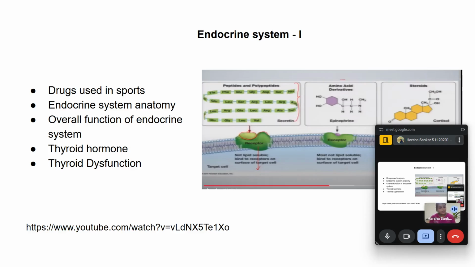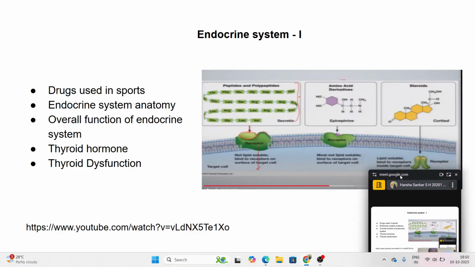So if you are checking how these hormones are released in our body, these are particles called hormones. Mainly these are proteins, and there are different classes of these peptides, polypeptides. Other than proteins, there are steroids also.